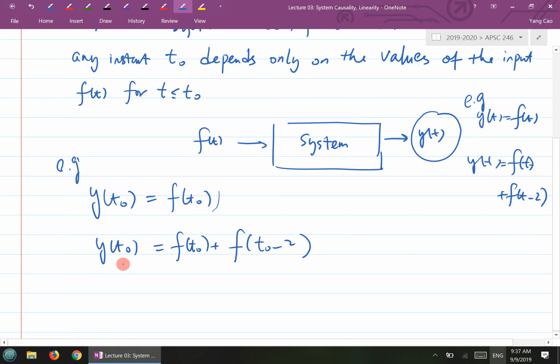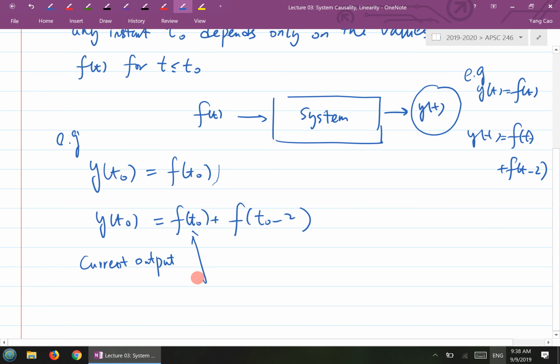And the second one tells you the current output equals the current input, and this one here, f of t naught minus 2.